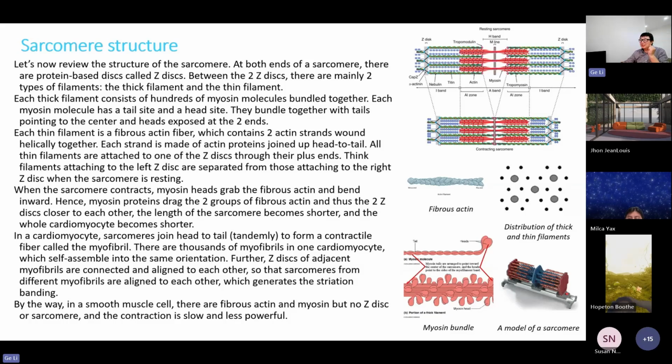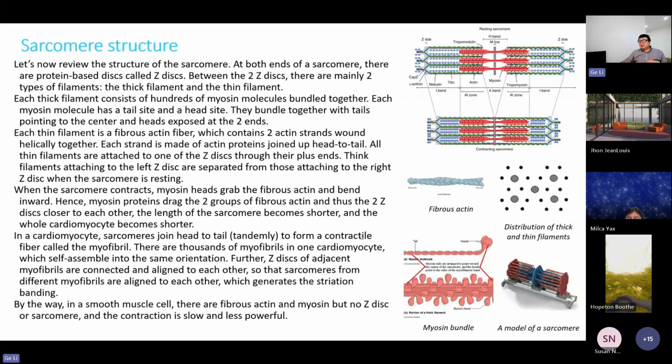They bring the two Z discs closer. And when the two Z discs get closer, the cell becomes shorter. That's the fundamental way of how skeletal muscle can contract and how the heart muscle can contract. And again, in this way, our action is all contraction. We actually do not have the capability of elongation. We can only contract to pull closer.